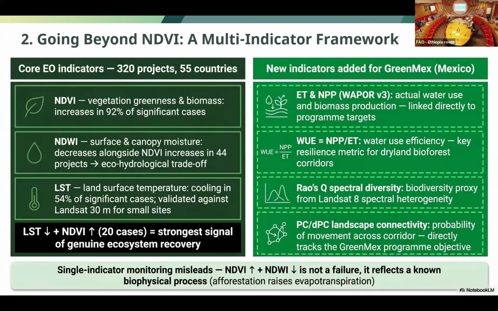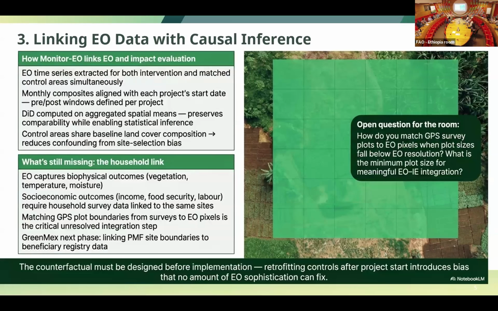We also added landscape connectivity, using a principal component and delta framework, which directly tracks whether forest patches are becoming better connected across the landscape. And then we have Rao's Q spectral diversity as a biodiversity proxy, all within the same difference-in-differences framework.